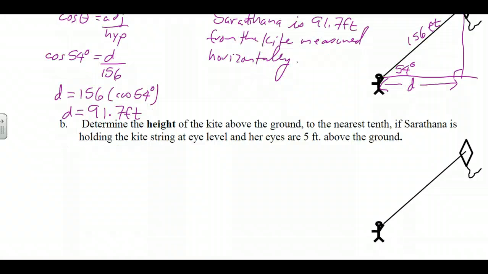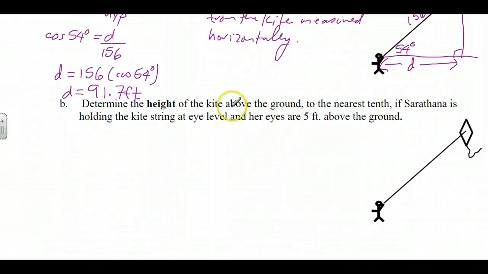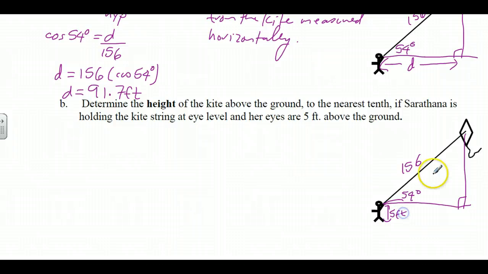And now we want to figure out how high above the ground the kite is if Samantha is holding the kite string at eye level. 156, this is 54 degrees, this distance here is 5 feet, and that's 156 feet.